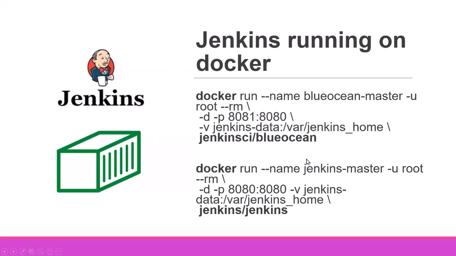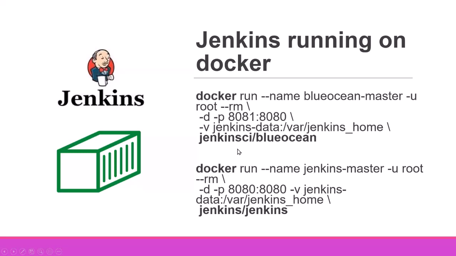Once you have this, then you can run Blue Ocean, or you can use any company's Jenkins. If you use Blue Ocean, you will have one more extra plugin in Jenkins. Or you can use the original Jenkins image provided by the company.